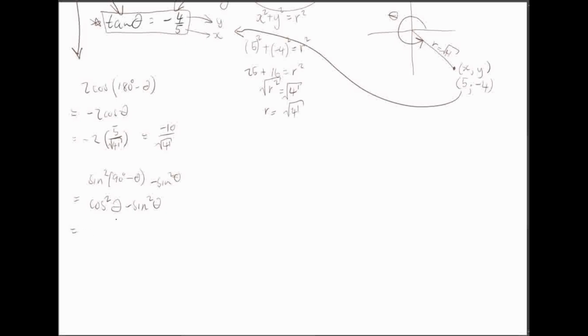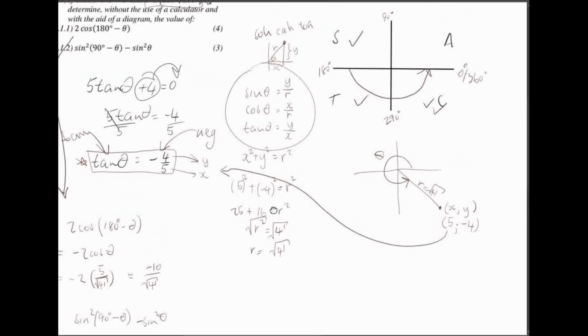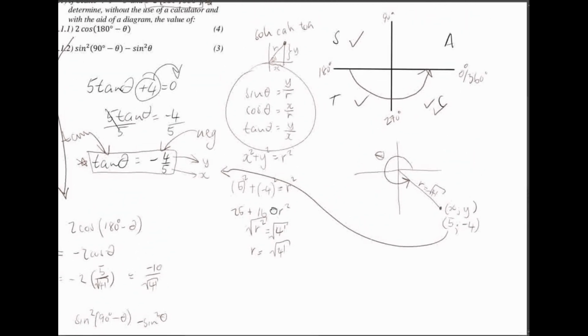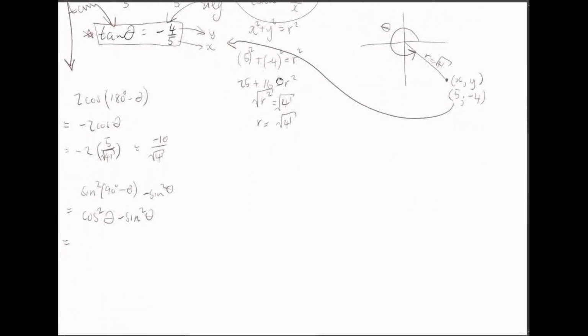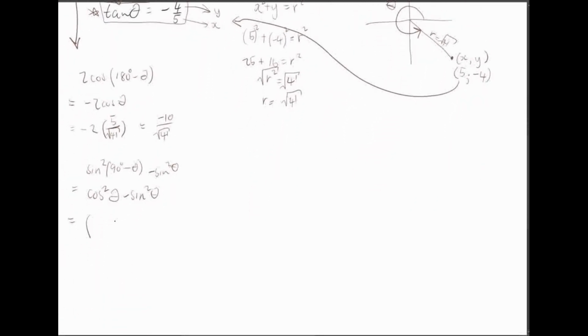Then we're going to look back at something that was here a second ago. These over here: sine is y over r, cos is x over r. So here cos is going to be x over r. X was 5, r was square root of 41, and all of this needs to be squared, minus sine. That is going to be y over r.